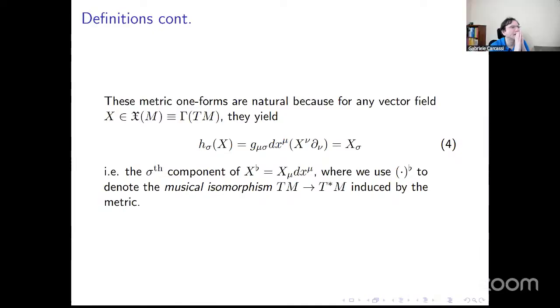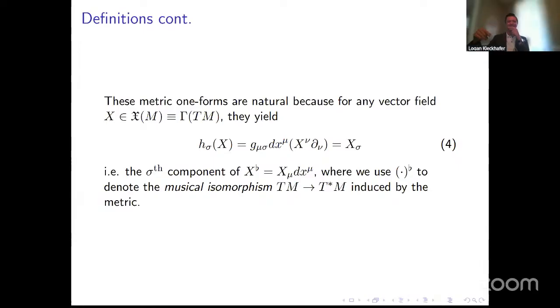I'm trying to understand what this is. The h lower sigma is a map from the tangent bundle to the individual cotangent. This is exactly why I hate this notation, it's completely confusing to me.